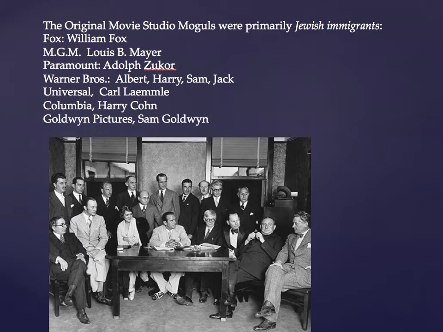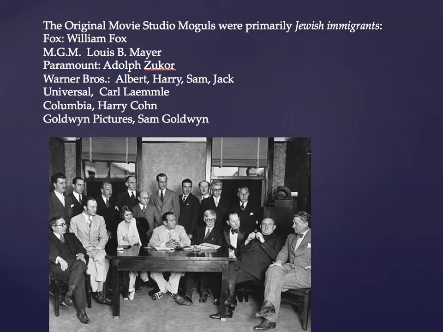So these men, they're all men, were mostly from Eastern Europe, and they were Jewish. That is a minority religion, and it is hard being a minority. I don't think I need to tell you that, but it is a rough road.